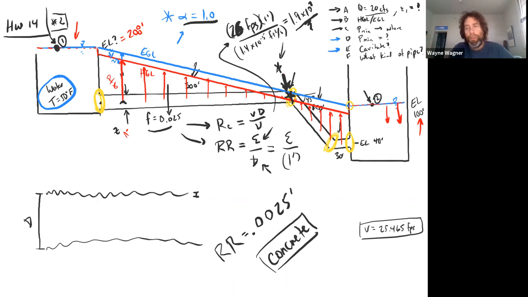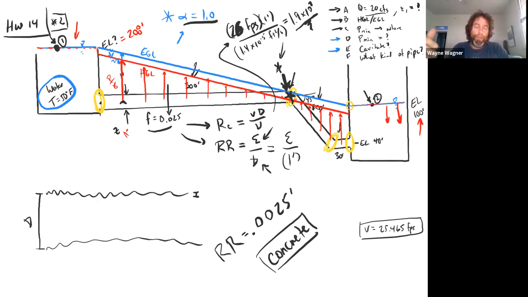But the nice thing about this problem is it introduces you to this Moody diagram without actually having to solve the Moody diagram. Because what you're going to see in a second is that we're going to have to start iterating on this Moody diagram. Sometimes you want to solve for, say, the diameter of a pipe. It's a design problem: what diameter pipe should we use?